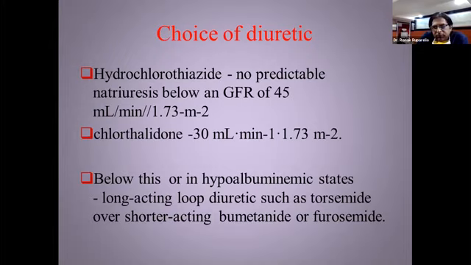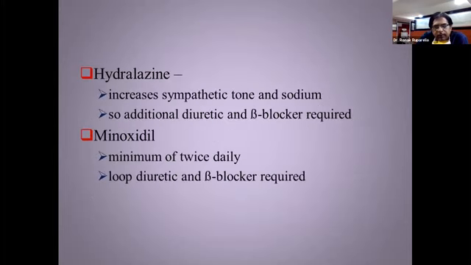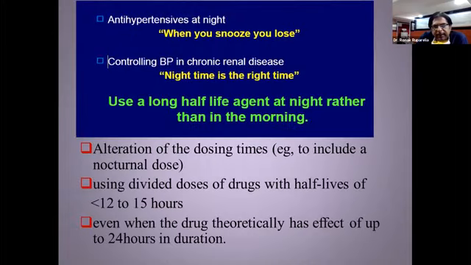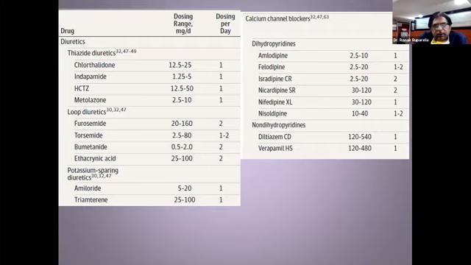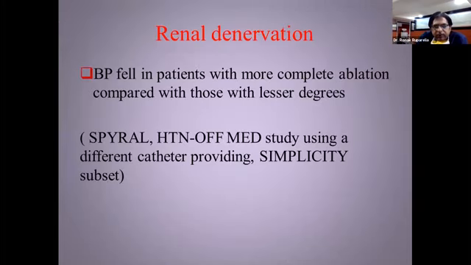Below this, long-acting diuretics like torsemide should be used over short-acting diuretics. Nighttime dosing, as I already told, is very important. We should always try to reach at least the maximum dose of the antihypertensive which we use.